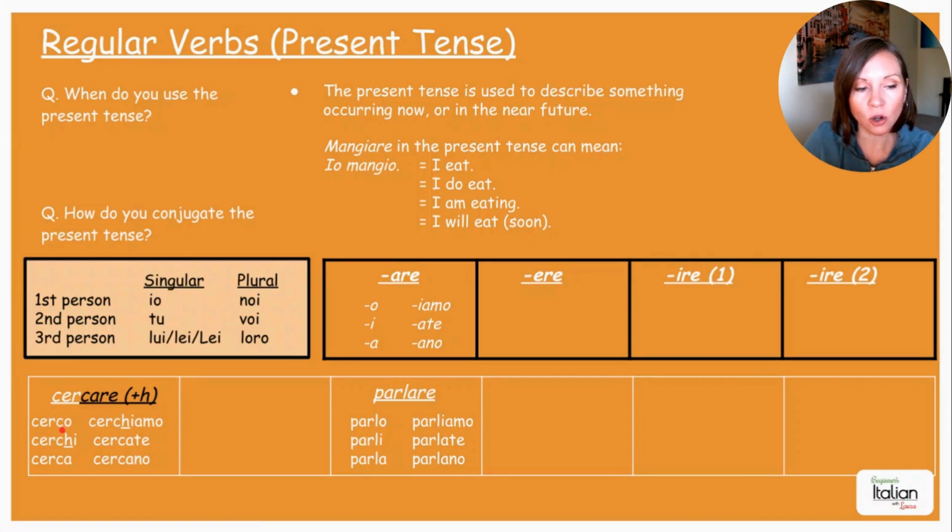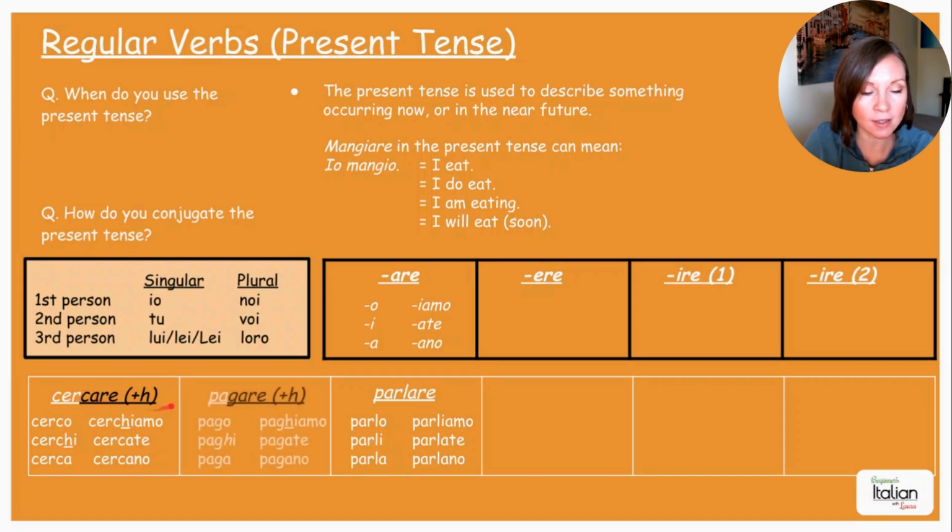So we have cerco, cerchi, cerca, cerchiamo, cercate, cercano. Now, if we don't have the H in here, instead of being cerchi, this would be cerci. And instead of cerchiamo, it would be cerciamo. So that is why we have to put the H in here to retain the hard C sound that you have with a C-ARE verb.